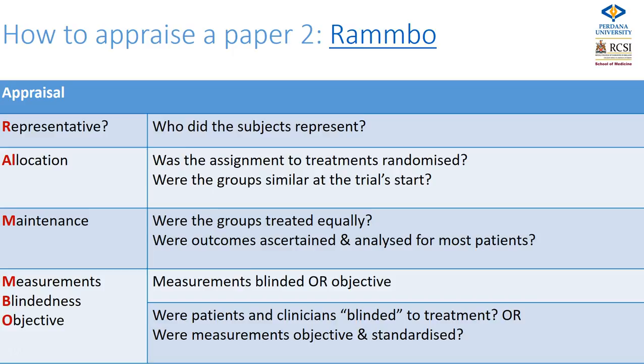Was allocation concealment practiced, and is it clear from the paper? And was assignment of treatments randomized, and did they clarify the method of randomization?